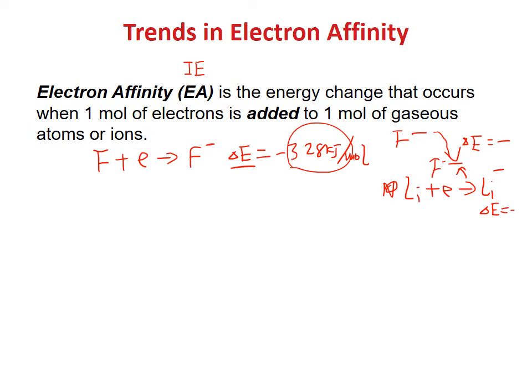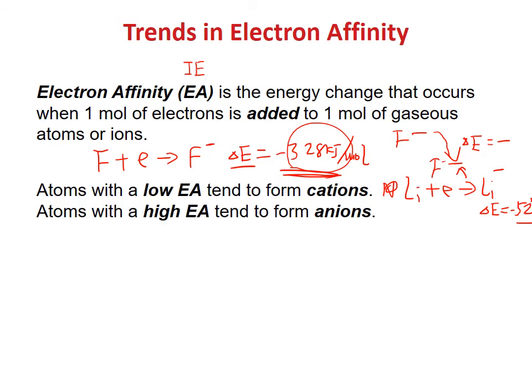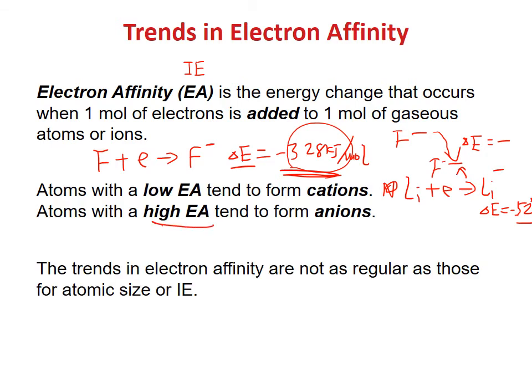It's negative 52, about negative 50, compared to about 300 for fluorine. So the higher the electron affinity, we look at the number, not the sign, the easier it is for the atom to attract an electron and form anions.